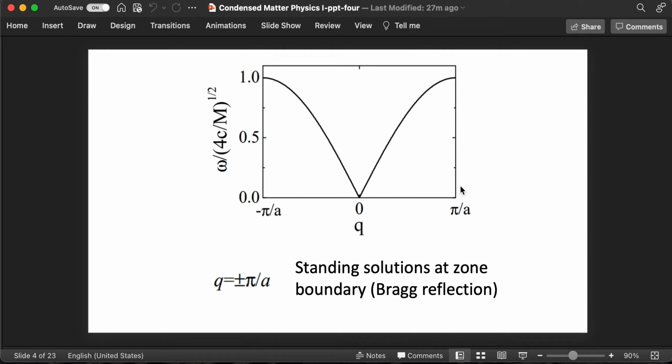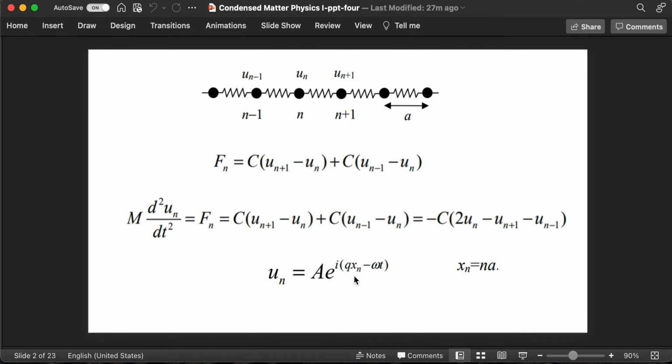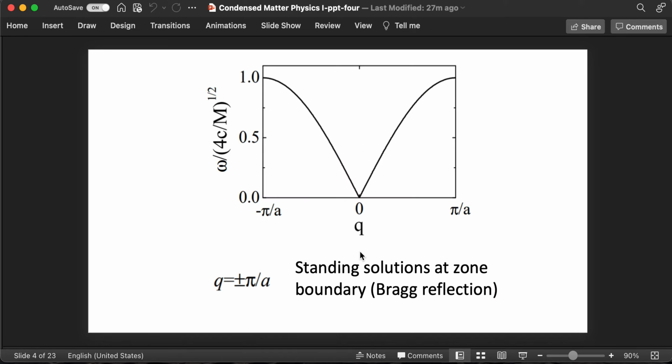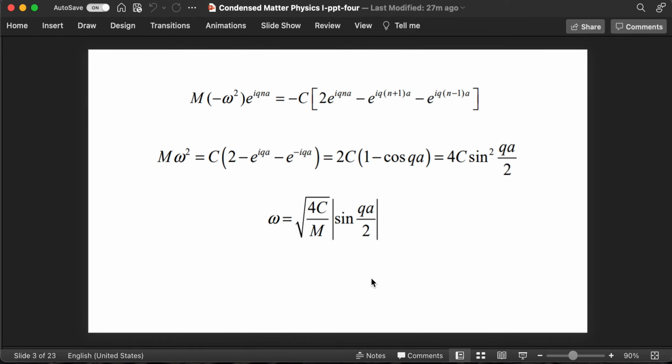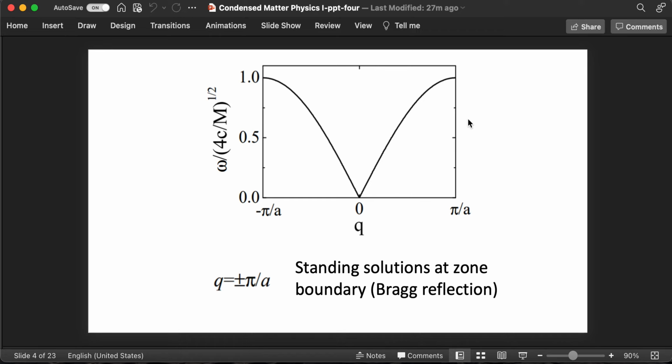So for q equal to plus or minus pi by a, I can just put that inside here and show that I do not get traveling waves. The usual solution is a traveling wave, but at q equal to plus or minus pi by a, I get standing wave solutions. That's just Bragg reflection. So again, you have the concept of Bragg reflection.